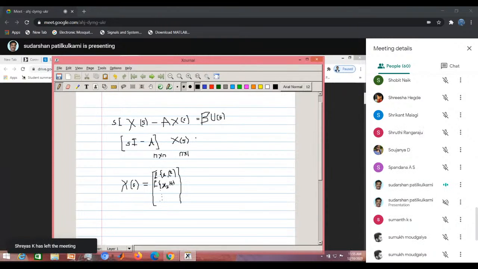Okay, so it is equal to b times u of s. So again b is n cross 1 into u of s.